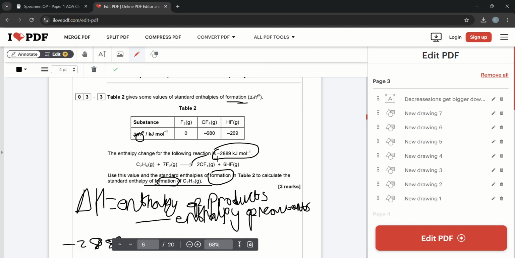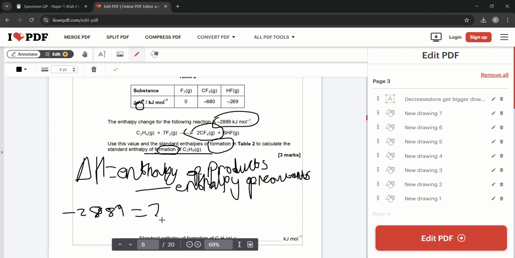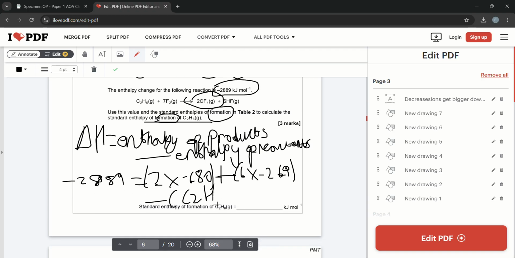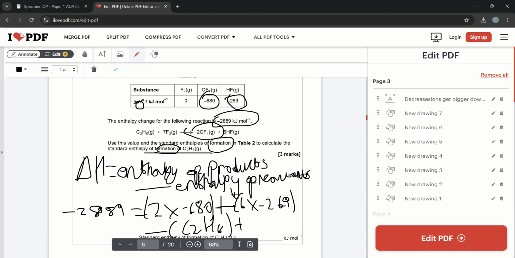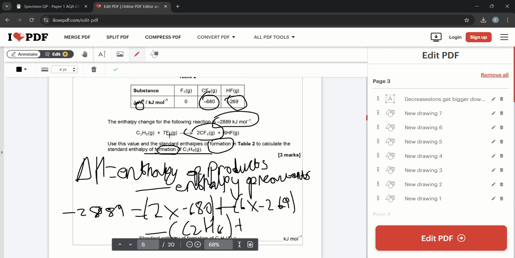We're producing 2CF4, so 2 times minus 680, plus 6HF, so 6 times minus 269, minus enthalpy of reactants: C2H6, which is what we're trying to find, plus 7F2, which is 0 because it's a single element.